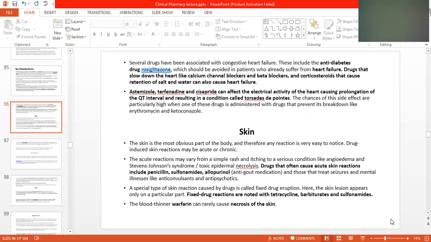So, if a patient comes to the doctor with a throat inflammation, tonsillitis for example, as well as a fungal infection, and the doctor gives a combination of two drugs, one an anti-allergic and one ketoconazole, that can lead to Torsades de Pointes.